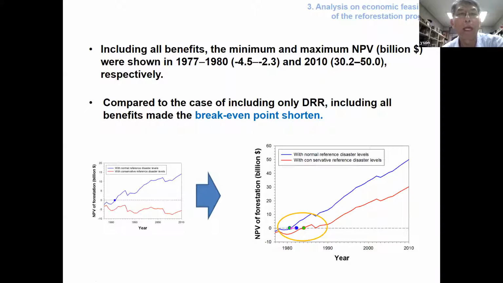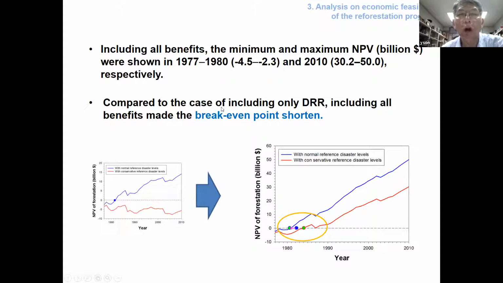However, when we include other benefits like water yield, soil erosion, and carbon sequestration, the minimum and maximum NPV shown in minus 4.5 to minus 2.3 during 1977 to 1980 increased to 30.2 to 50 in 2010.